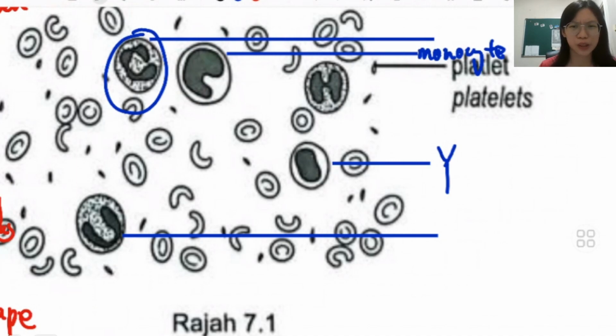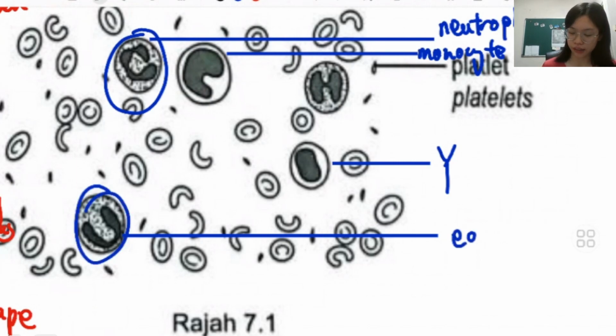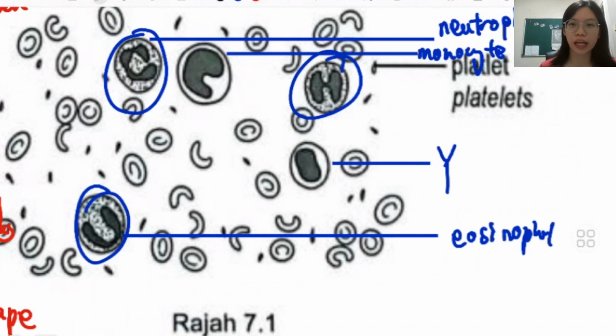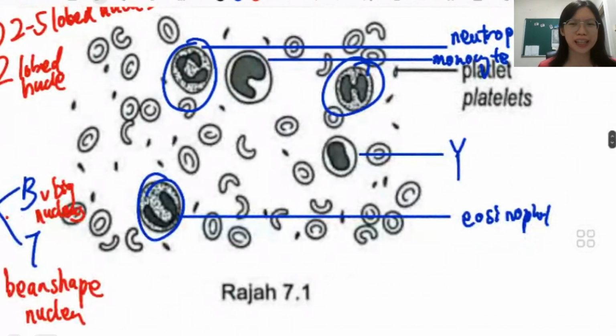It looks like two and looks like three, but I see it as three. So this one is the neutrophil. And this consists of two lobes, so it is the eosinophil. And this one is two lobes, so probably eosinophil. I can't confirm with you, but probably eosinophil, since it consists of two lobes.